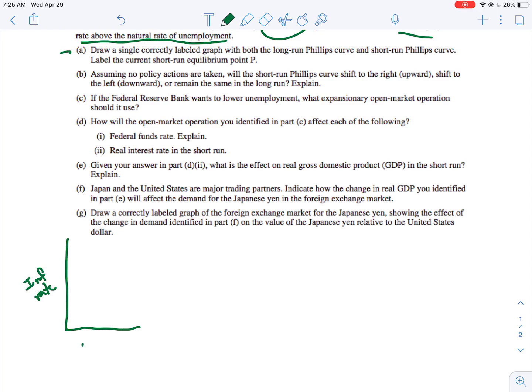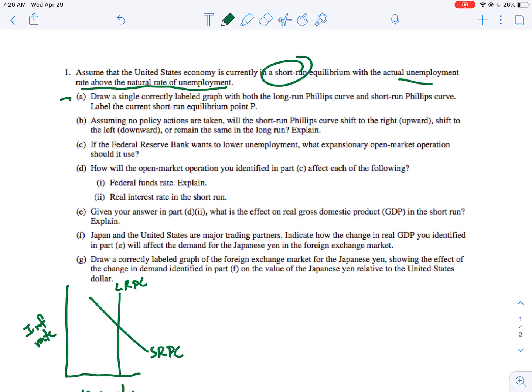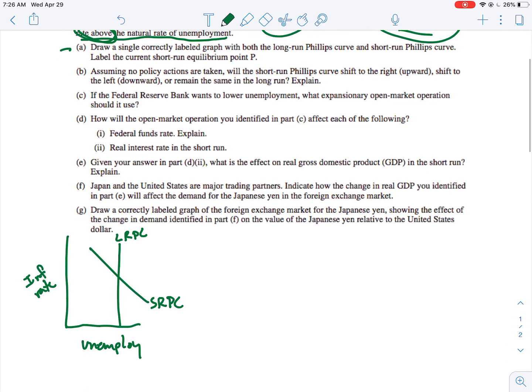And unemployment is on the bottom. Our long run Phillips curve is always vertical, and our short run is downsloping. Since the actual unemployment rate is above the natural rate of unemployment, we're going to be here.